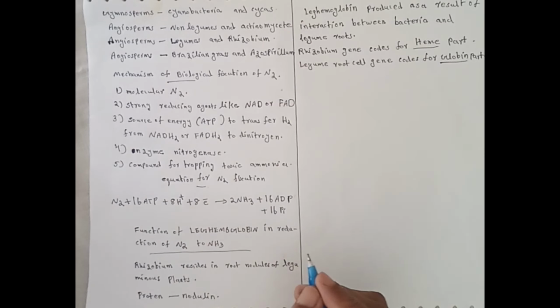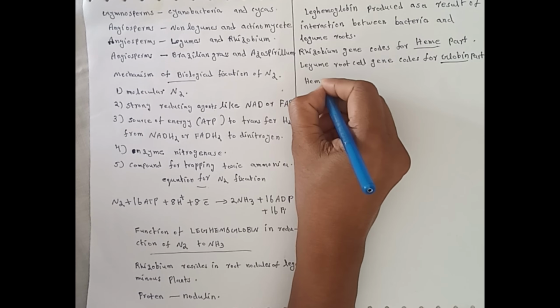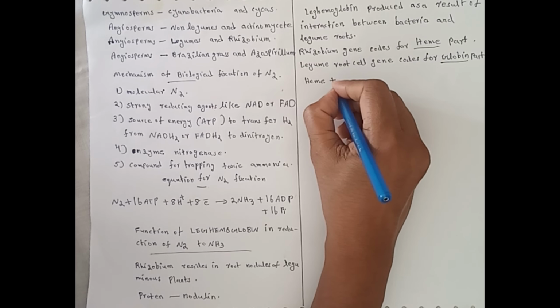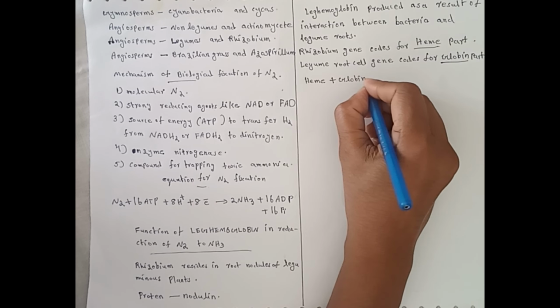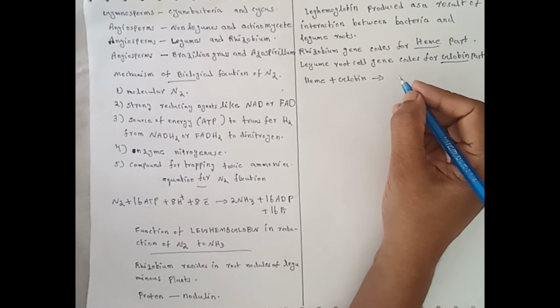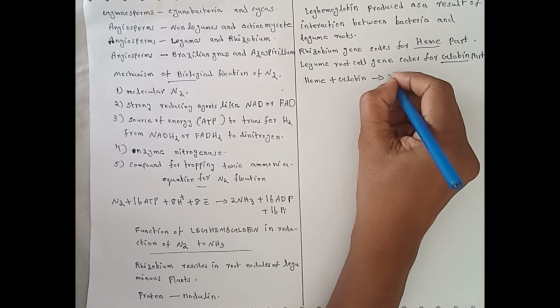Both coded products together constitute the protein leg hemoglobin, that is the heme part and globin part.